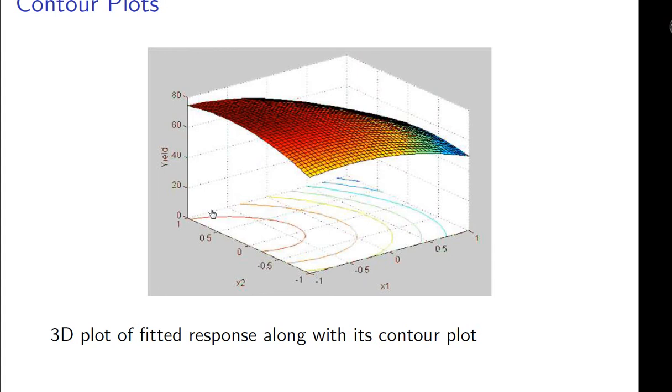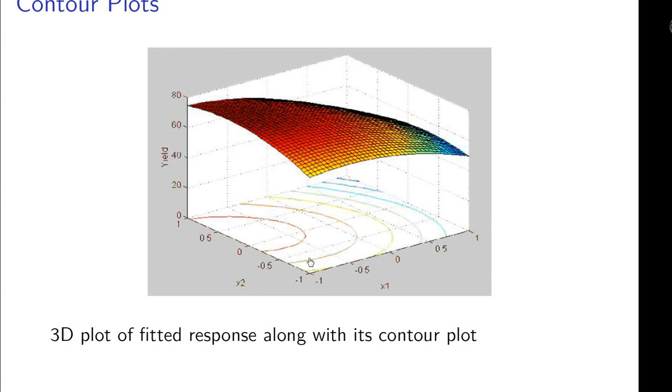And these lines or contours in the factor plane represent contours of constant response value. So that every point along this line has the same value of the response variable. Similarly, this contour and the yellow contour, all points along this contour have the same value of the response variable, all the way back to this corner.